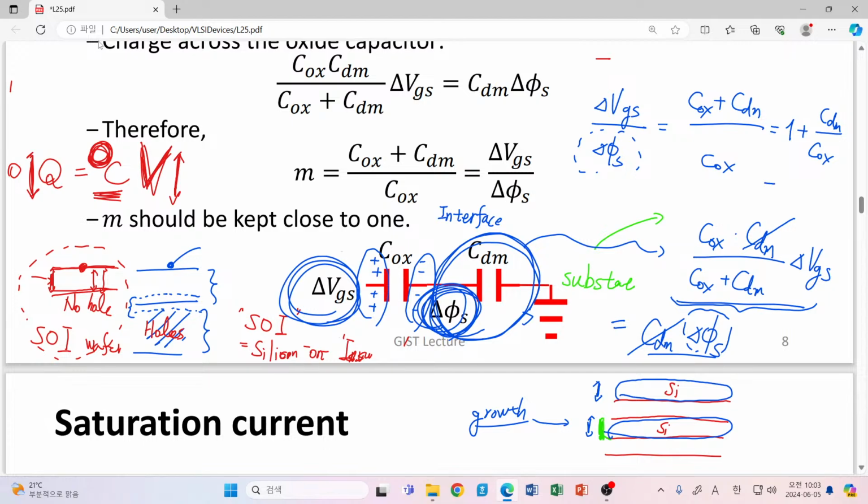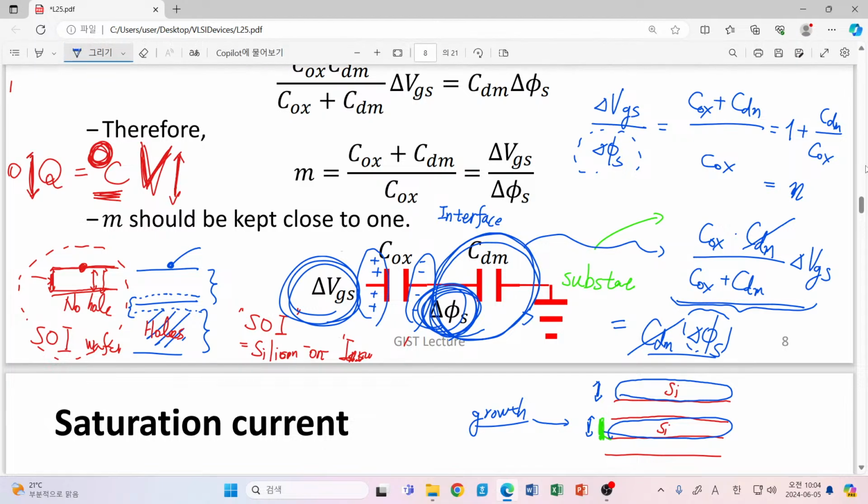This is nothing but the factor M, and M shows the ratio between your controllable parameter, the gate voltage, and your desirable parameter, the internal quantity phi s. What you want is, for example, to change 0.1 volt in your gate, and then change exactly the same amount of 0.1 in the surface potential.